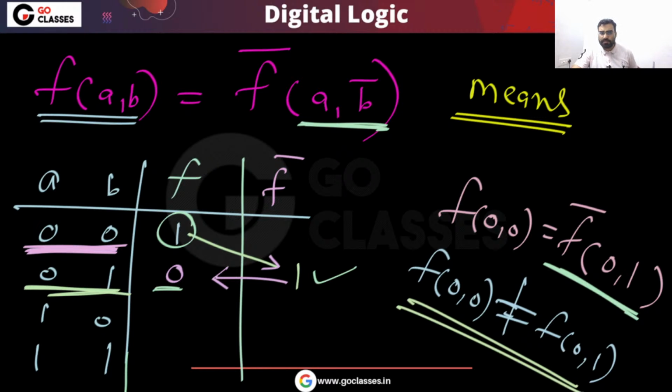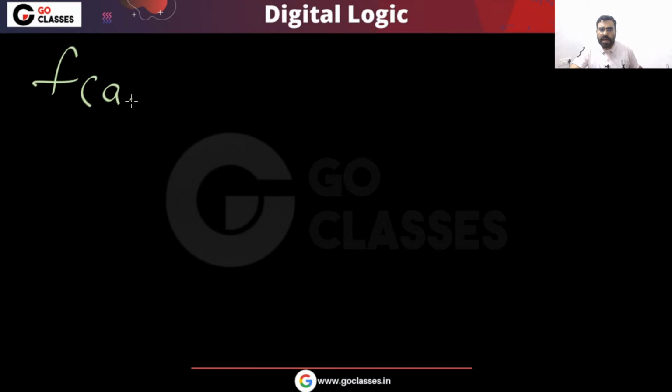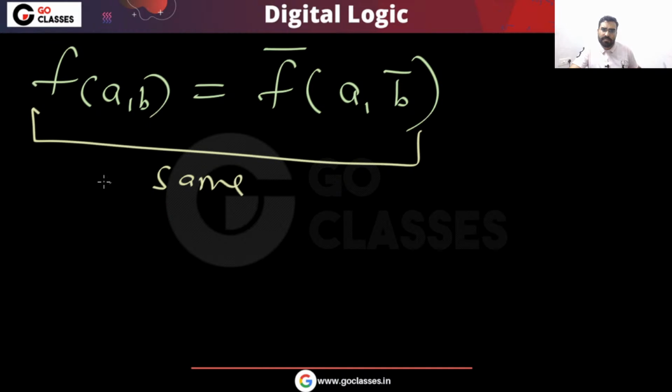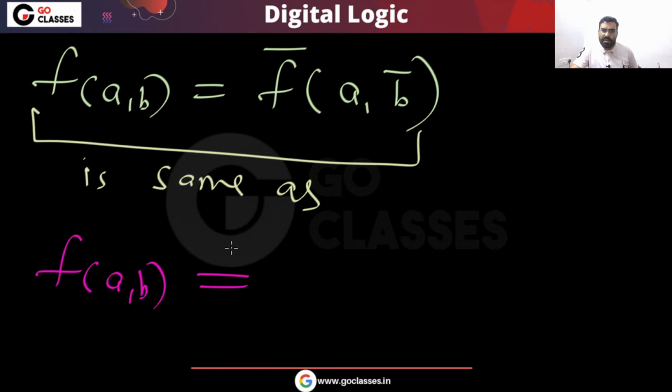This is the idea. If f(a,b) is the same as f complement (a, b bar), then this is the same as saying f(a,b) is different from f(a, b bar). Both these things are the same.